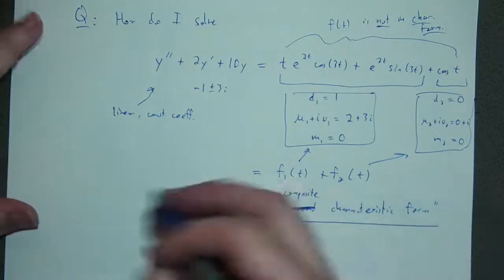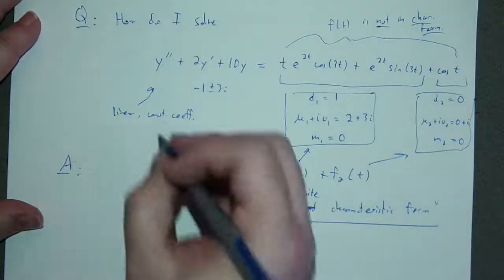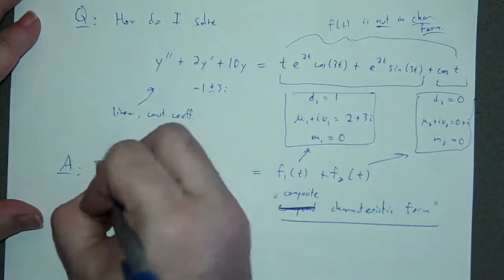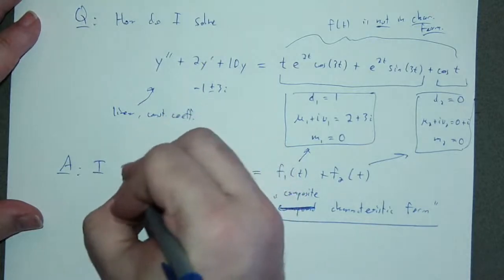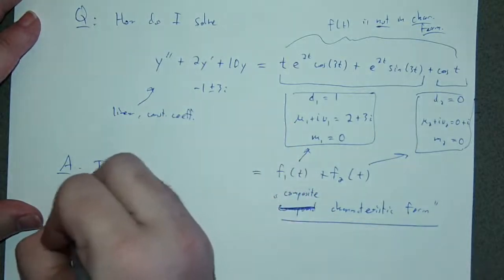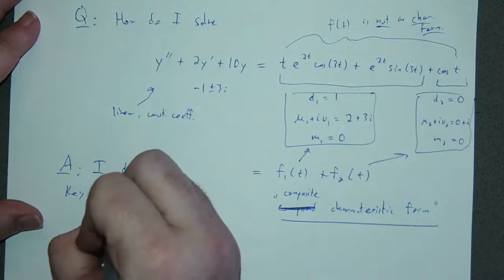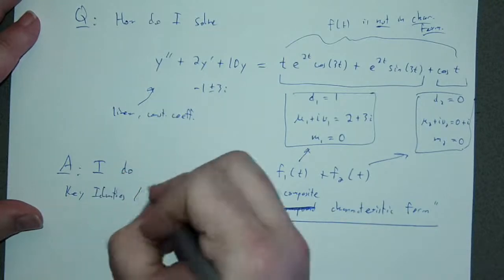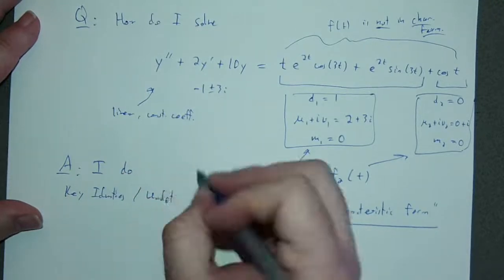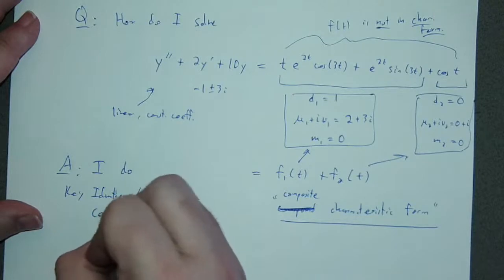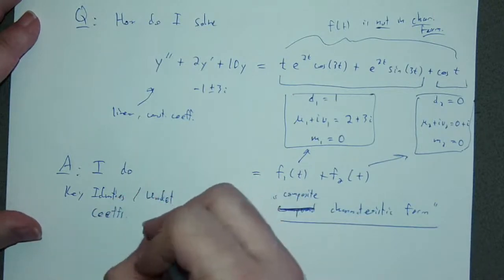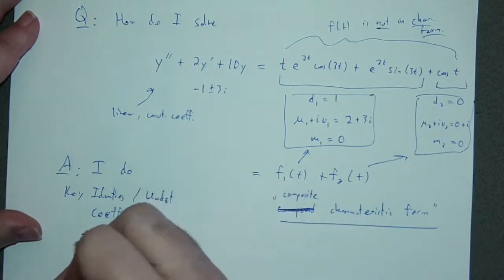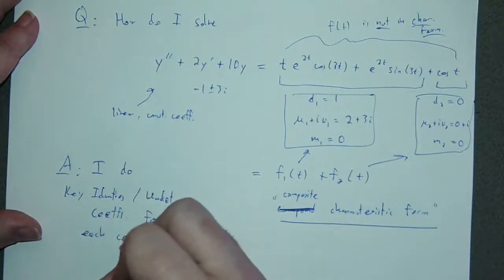So what is the answer? I do key identities or undetermined coefficients for each piece, for each component.